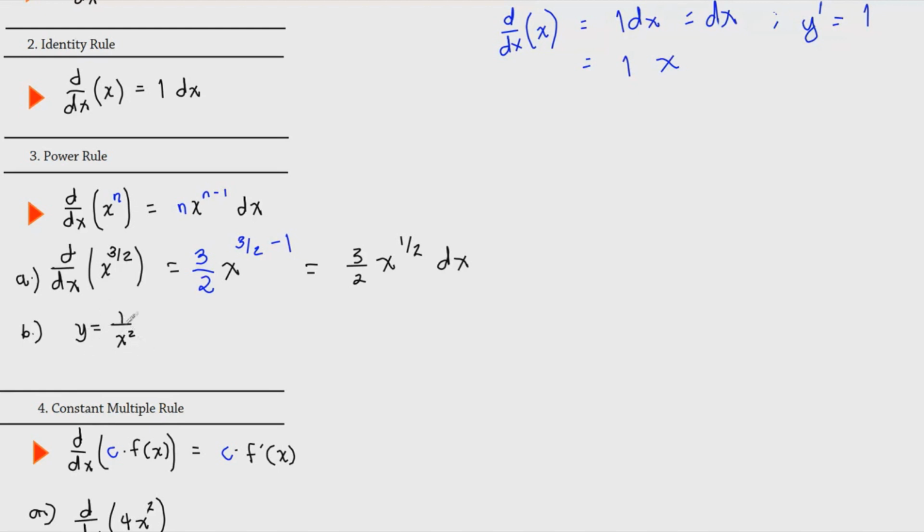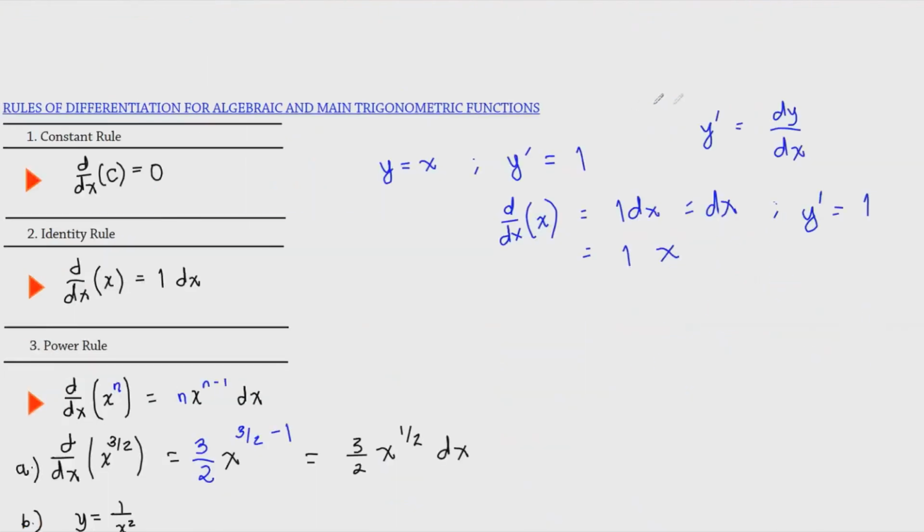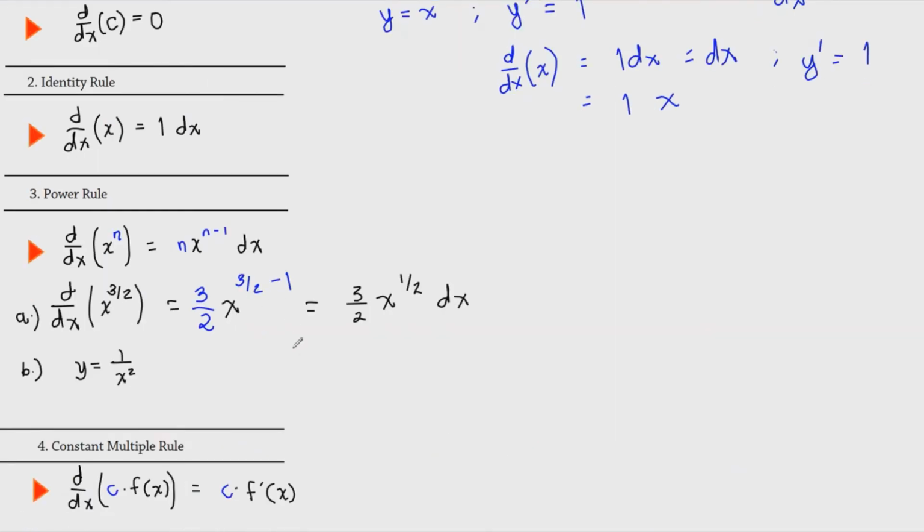If we have y here, the derivative will use the Lagrange notation, while the one we solved before used the Leibniz notation. Using the Lagrange notation, the derivative would simply be y prime is equal to whatever the derivative here is. Now in this case, x must be expressed in this kind of form. But if you look at this, that's actually something like a reciprocal of x to the negative 2.